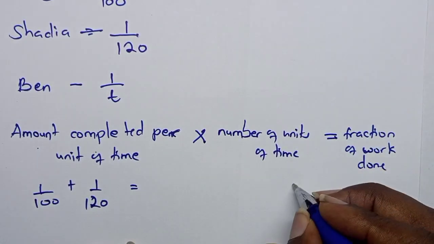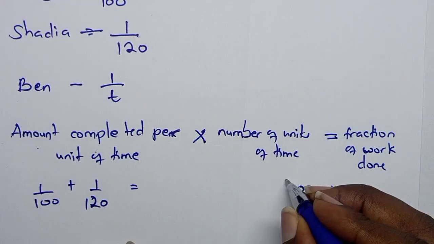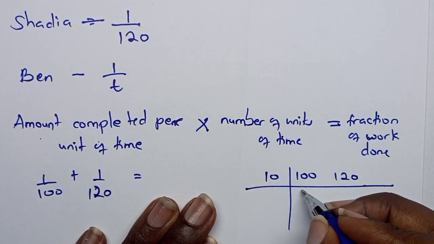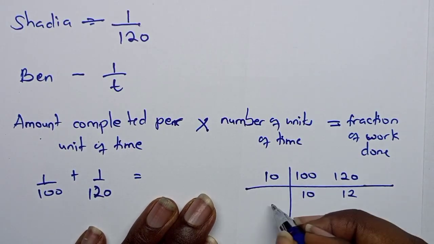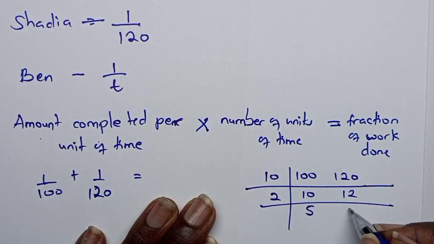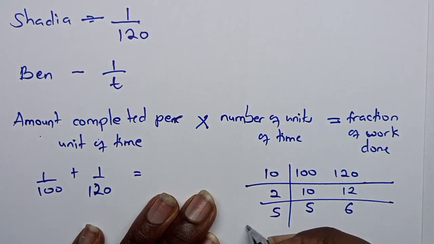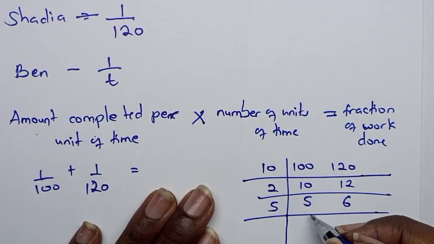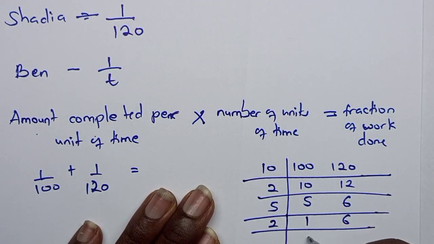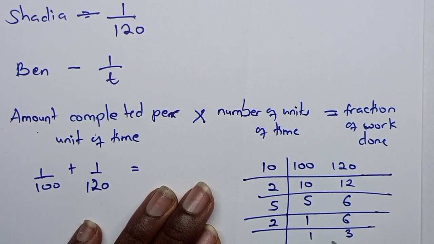Here the LCM will be, so we have 100 and 120. Divide by 10, here we have 10 and 12. Divide by 2, here we have 5 and 6. Divide by 5, here we have 1 and 6. Divide by 2, 1 and 3.